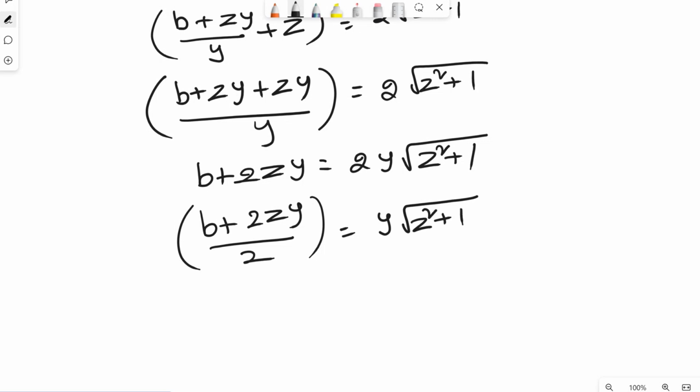Now what is b plus 2zy by 2? This is the half of top width is equal to side slope distance.